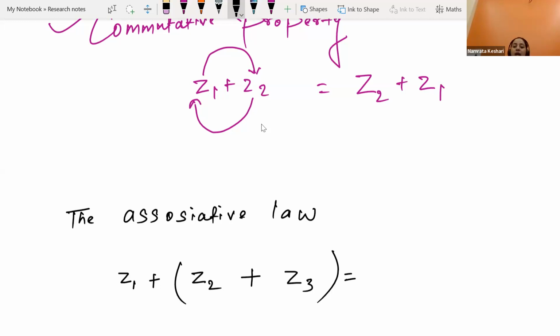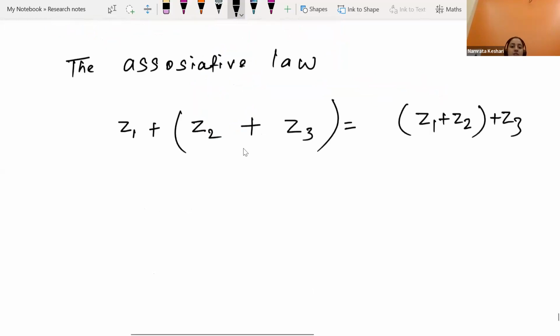Or at first you add z1 plus z2 and then add z3. The final result for both of them will be the same. Of course it will be the same, right? Is there any doubt, Ali and Alina? No, ma'am.